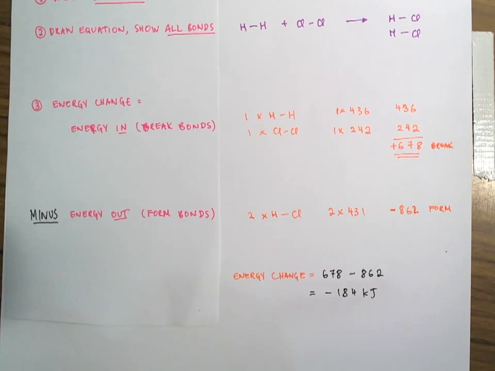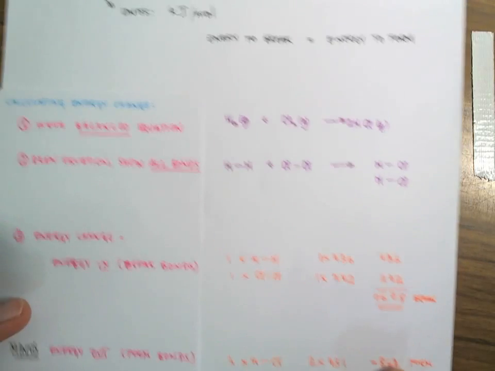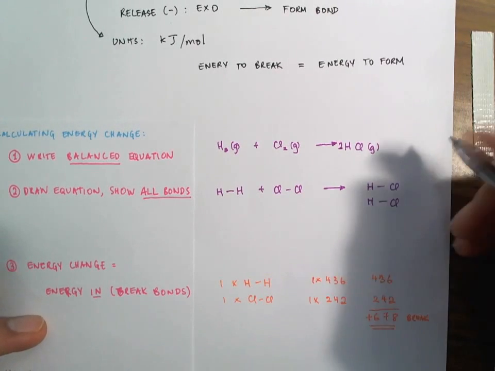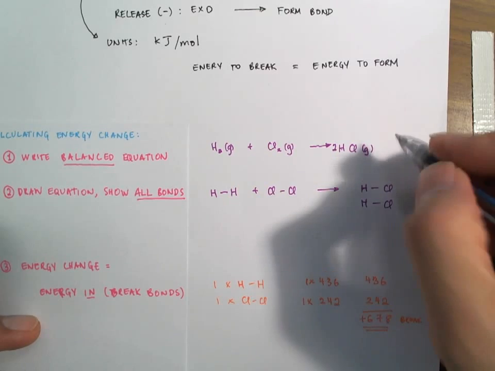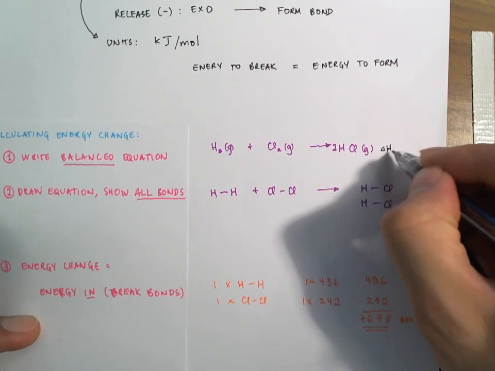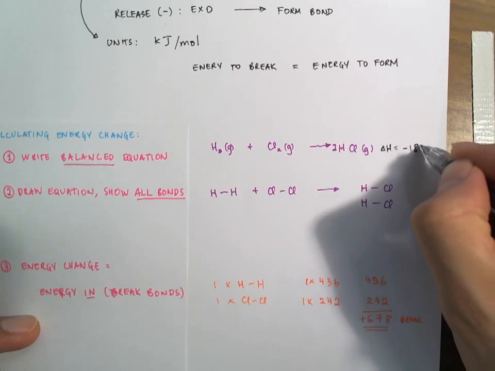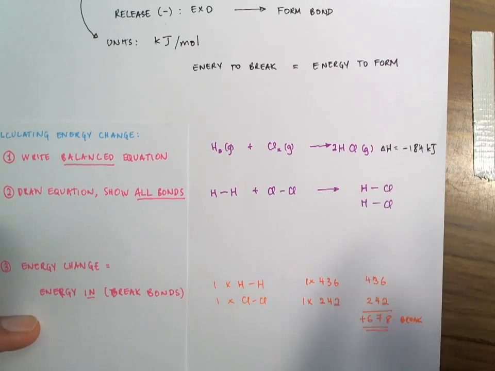So I can go back up here and say that my energy change, which we frequently denote by the letter delta H, so delta H for this reaction is minus 184 kilojoules.